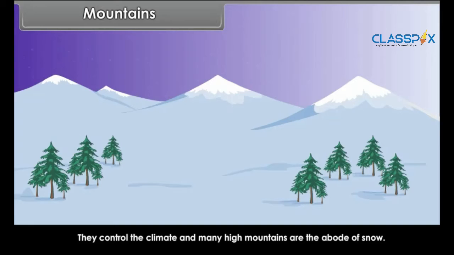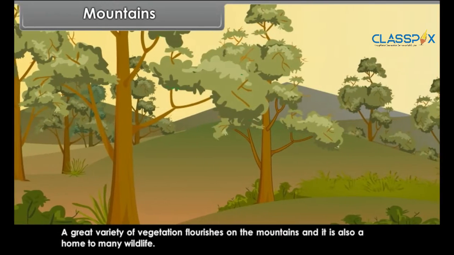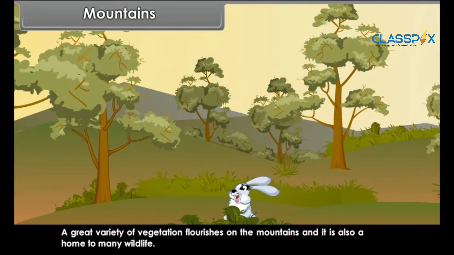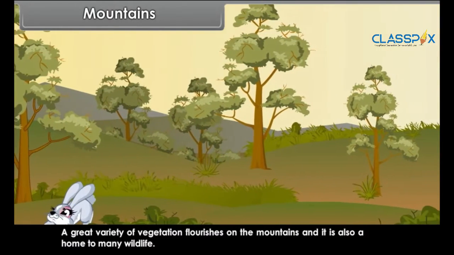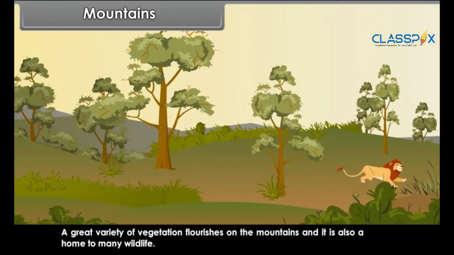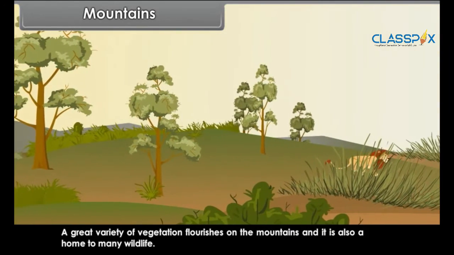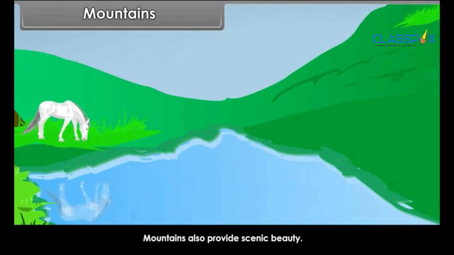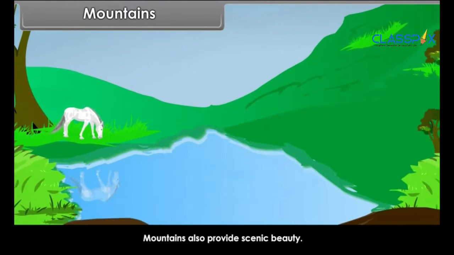They control the climate, and many high mountains are the abode of snow. A great variety of vegetation flourishes on the mountains, and it is also home to many a wildlife. Mountains also provide scenic beauty.